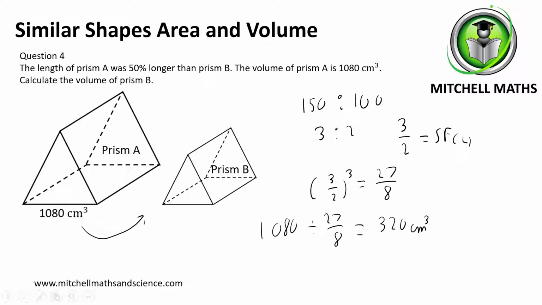So if you do get a question with a percentage in, saying something's some X% longer than this, write it as a ratio and use a ratio in order to work out the scale factors. And you might actually have some questions where you do have ratio and you need to work out the scale factor from that, so do make sure you know how to do that.